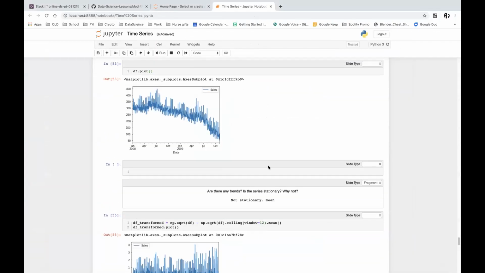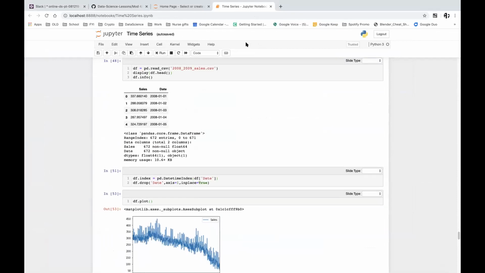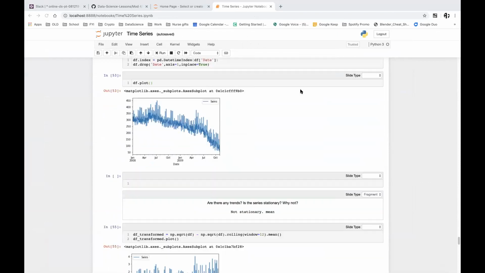So the stationary plots are after transformation and after the subtraction, right? Can you go back to your code? Sorry. Yeah. Hold on. Let me share my screen again. So if you can scroll down. Yeah.